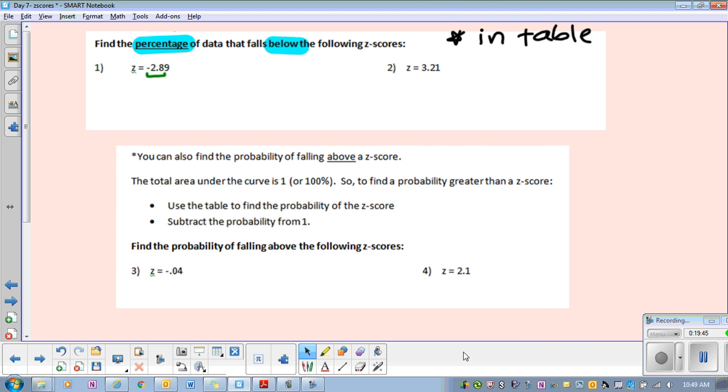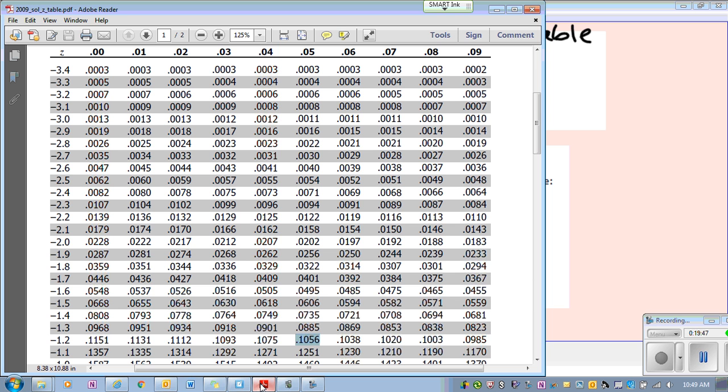So negative 2.89. Negative 2.8 right here, and then where's the 9? Well, this is 0, so just count from 0: 0, 1, 2, 3, 4, 5, 6, 7, 8, 9. Do you agree? Right there. Does everyone see that? If you don't see it, say something.